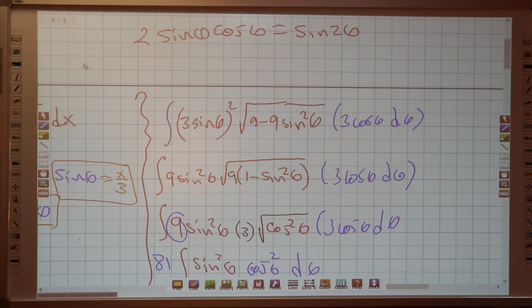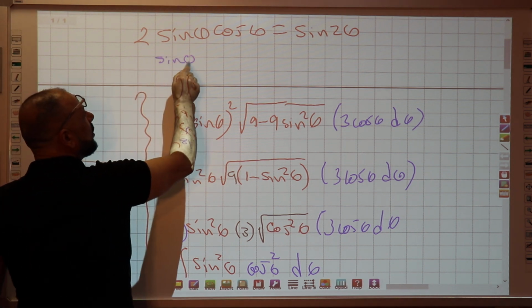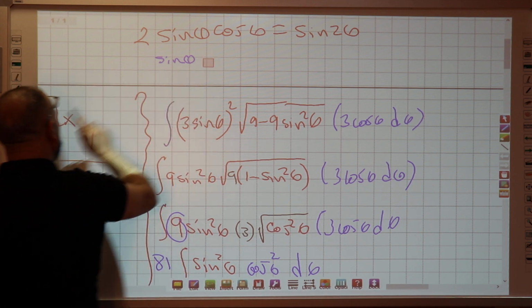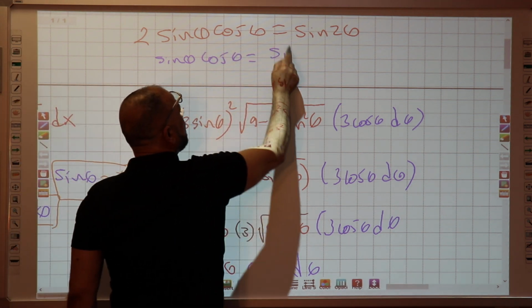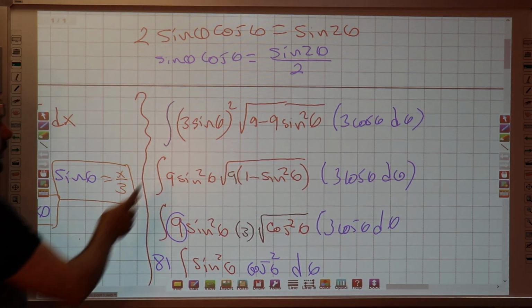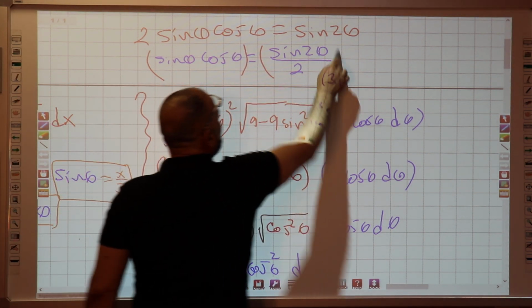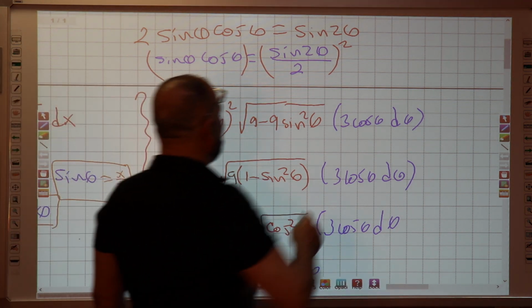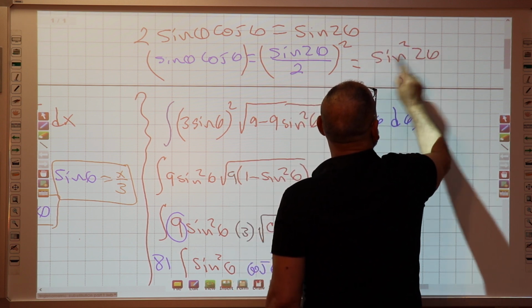Sine theta cosine theta equals sine 2 theta over 2. You square both sides, so it's going to be sine squared 2 theta over 4.